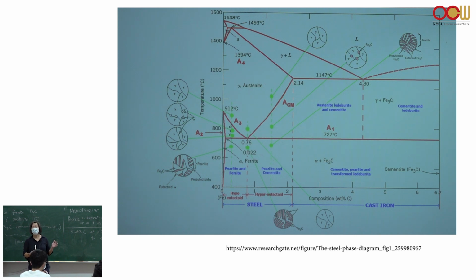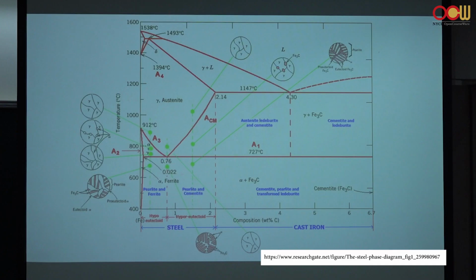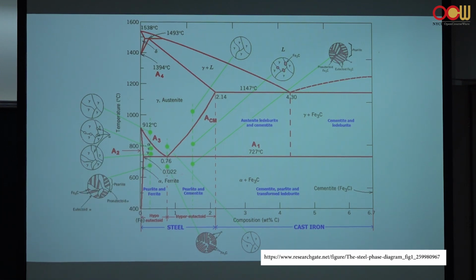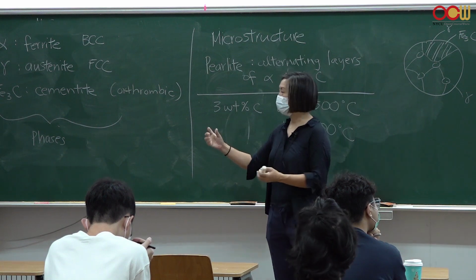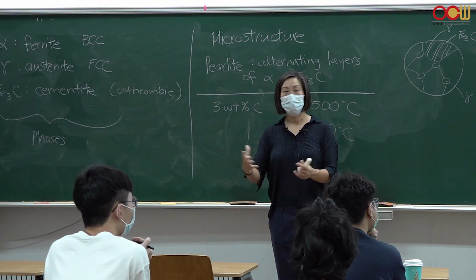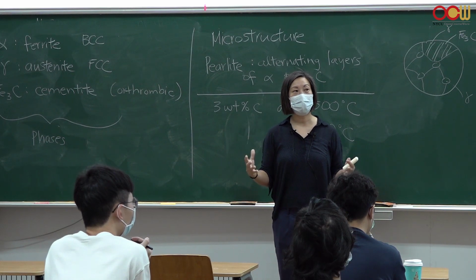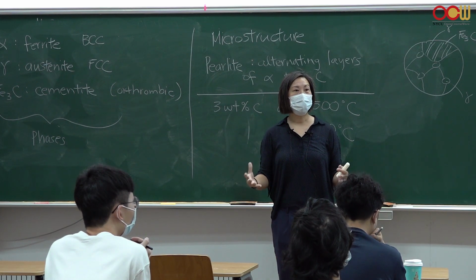It doesn't tell us how fast it'll get there. If you're at 600 degrees Celsius, you would expect there to be alpha and cementite, but it doesn't tell you how big the grains are or how fast that phase will form. It doesn't tell you anything about the rate of the system.